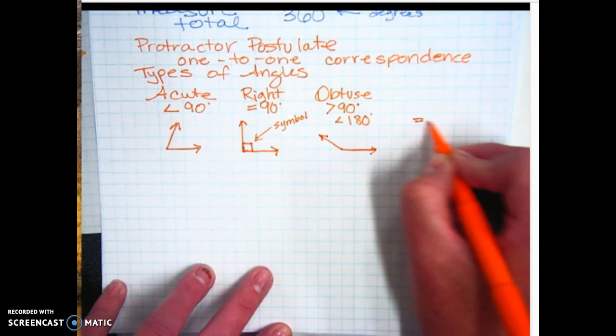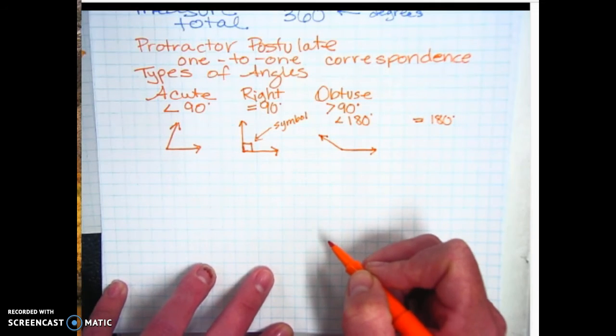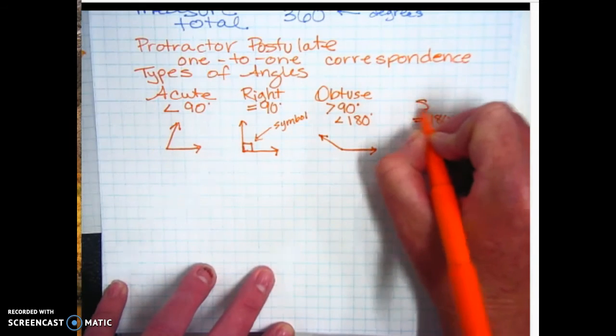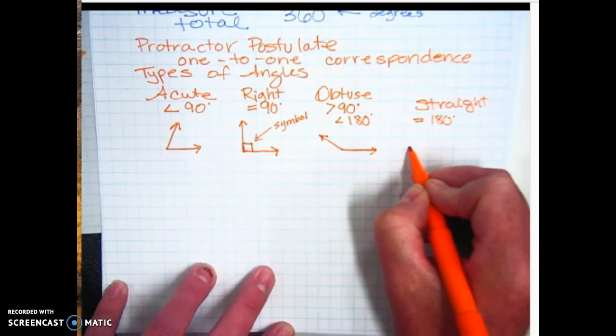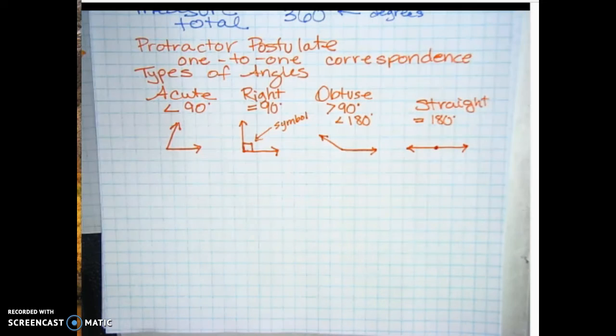It's when it equals exactly 180 degrees. Anybody know this one? Straight. So a straight angle is exactly 180 degrees. It basically just looks like a line. Or opposite rays.